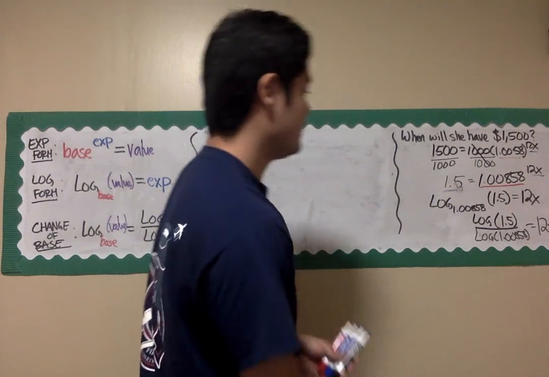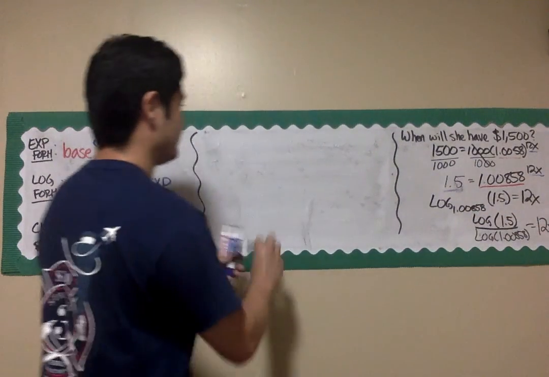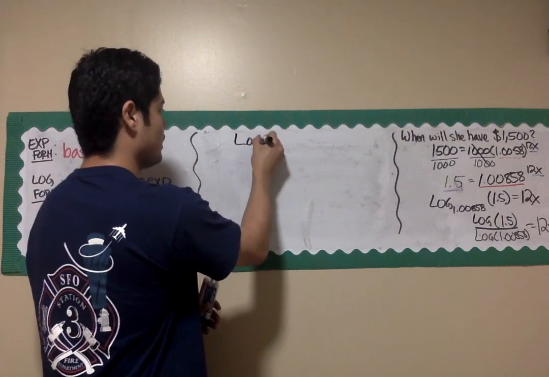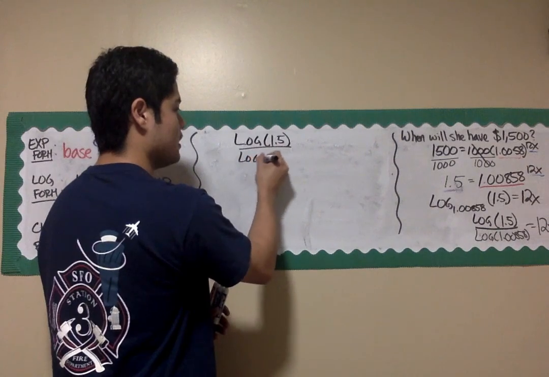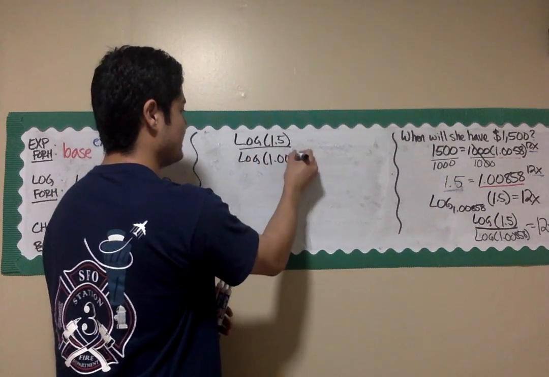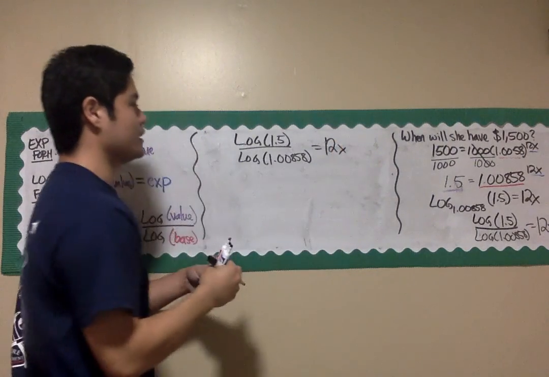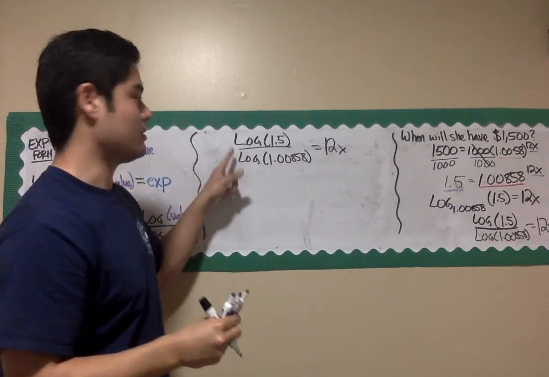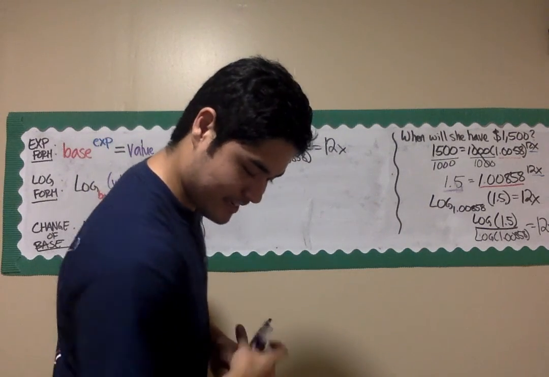So this thing I'm actually going to rewrite up here. Log of 1.5 over log of 1.00858 equals 12x. If I punch this in my graphing calculator, log of this over log of this, what do I get?